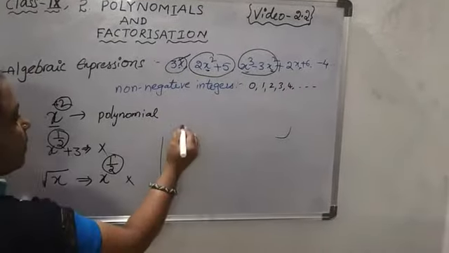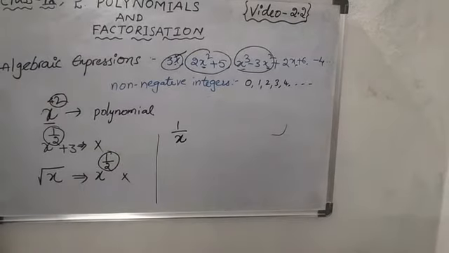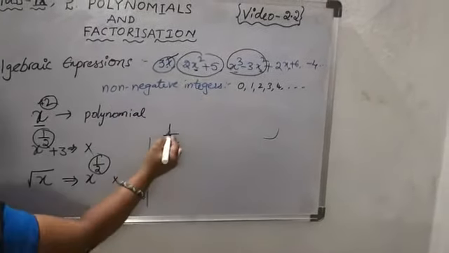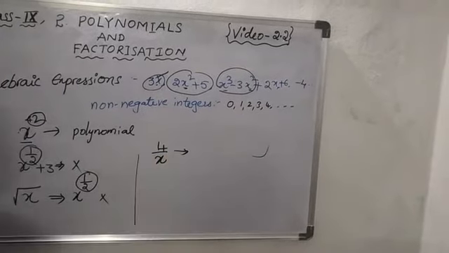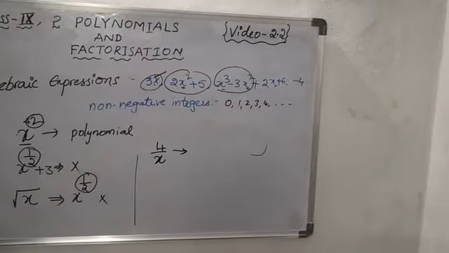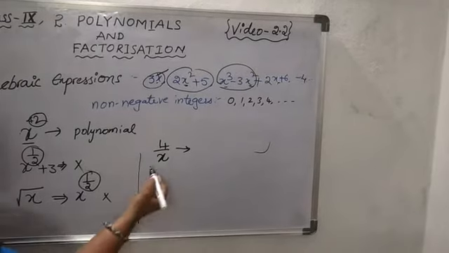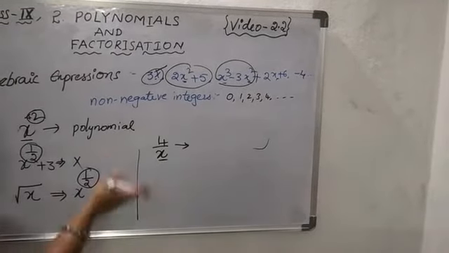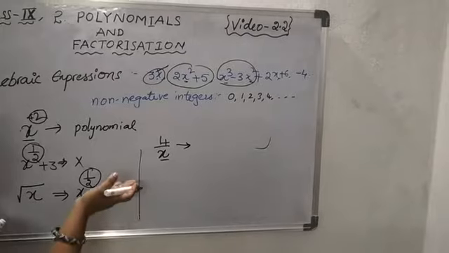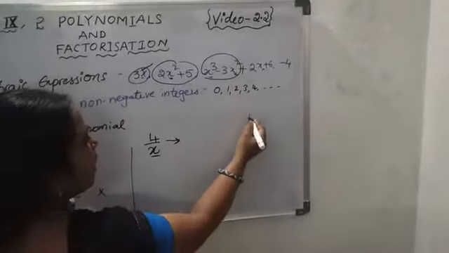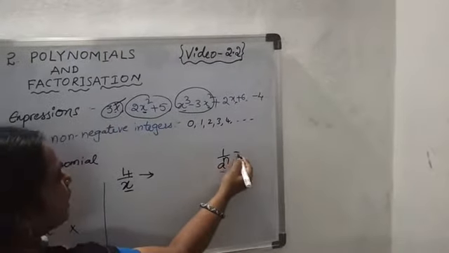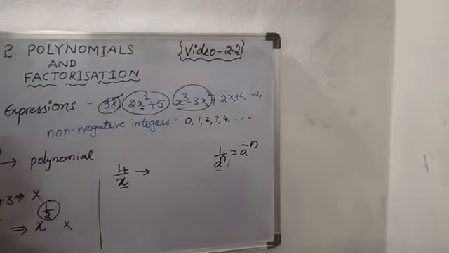For example, 1 by x, or 4 by x, anything like that. These types of expressions are also not polynomials, because here the variable is in the denominator place. Now we have to write it in the numerator place by using one formula: 1 by a to the power of n can be written as a to the power of minus n.